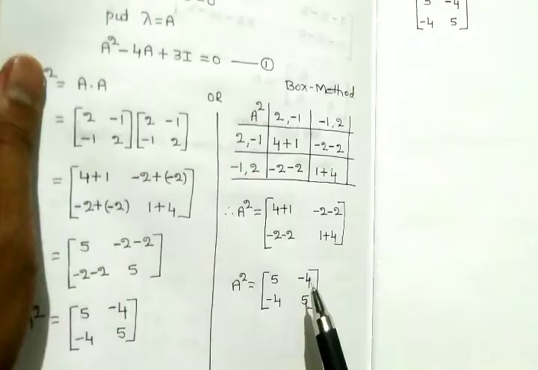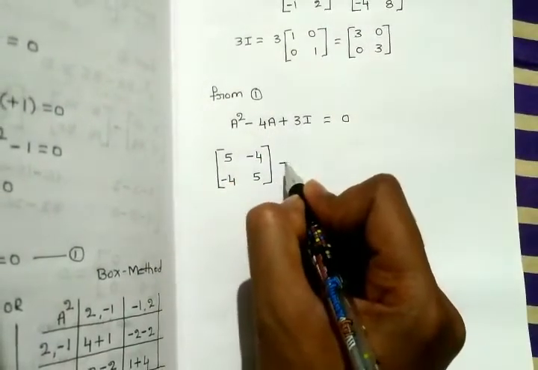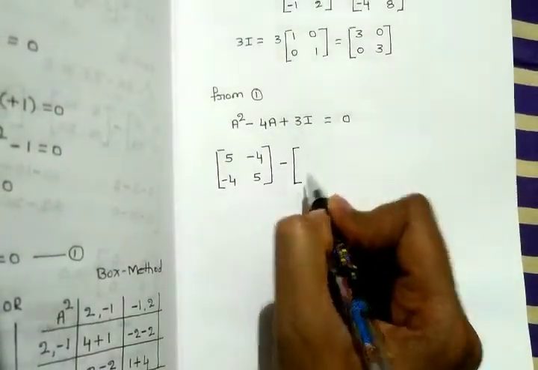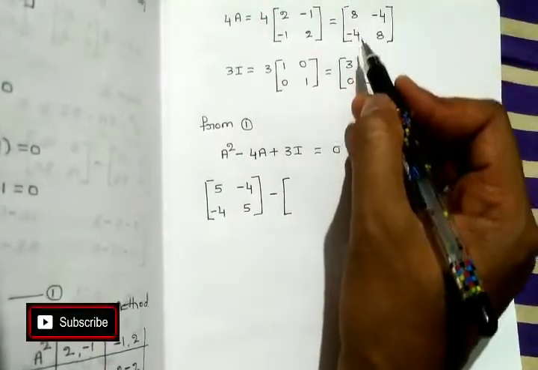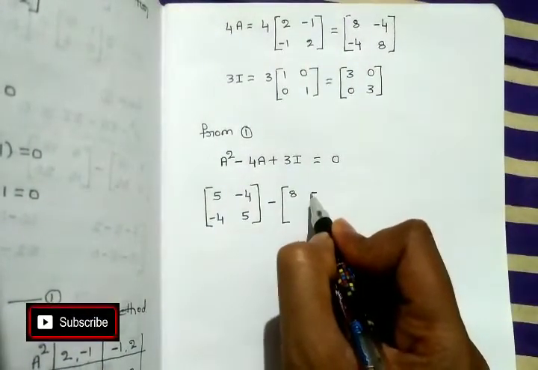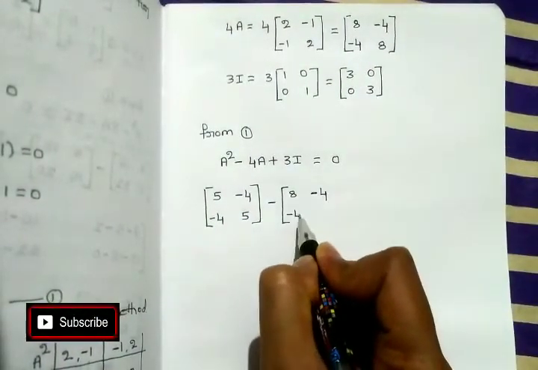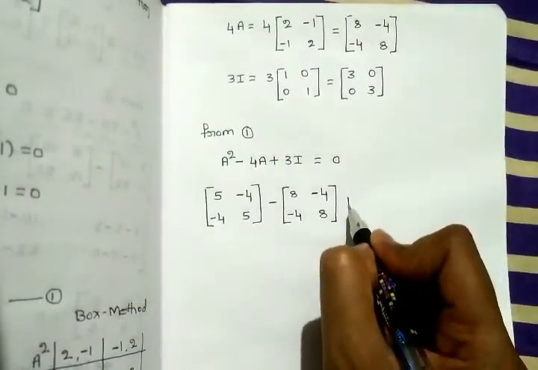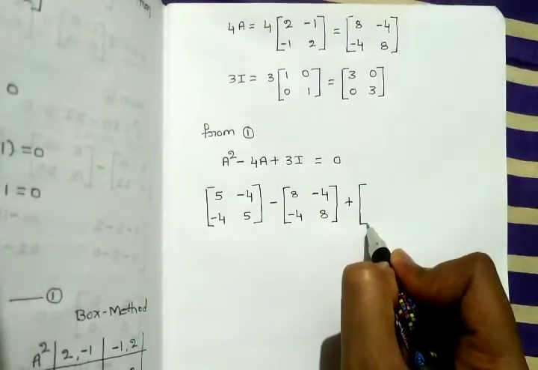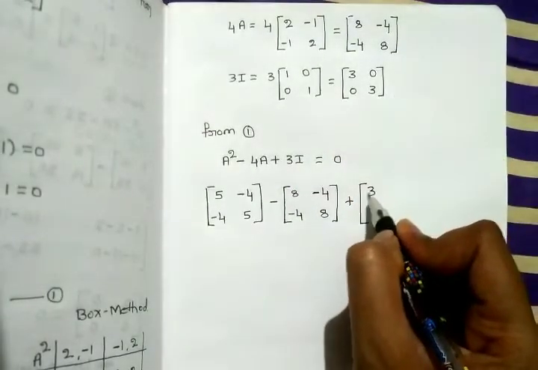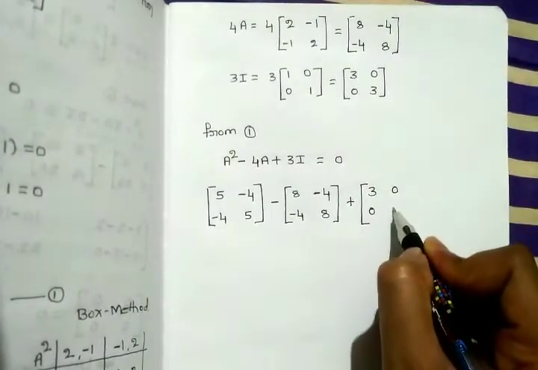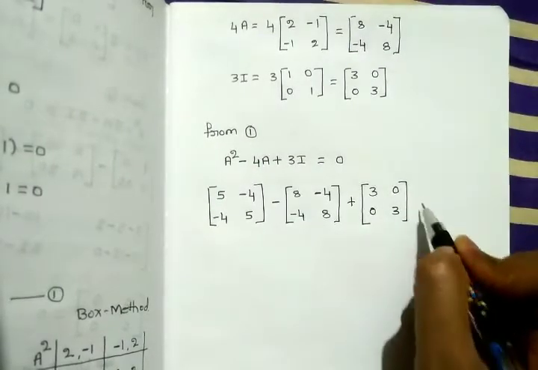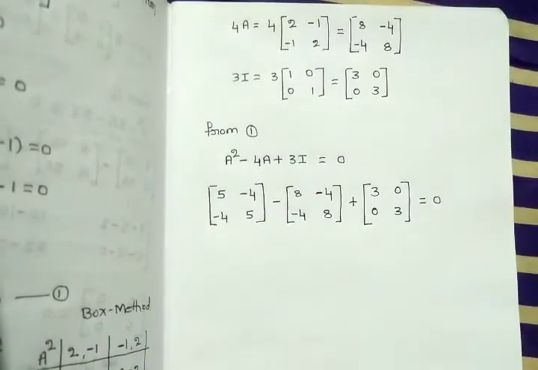This is the A square. Next, minus sign, keep the minus sign. Next, the 4A value is 8, minus 4, minus 4, 8. Next plus sign. Next, the 3I value is 3, 0, 0, 3, equals 0.